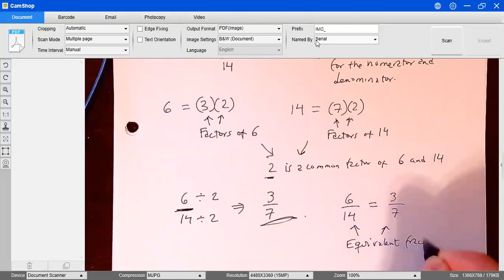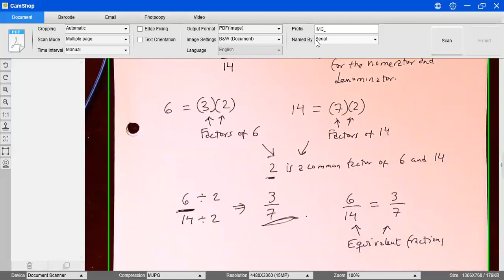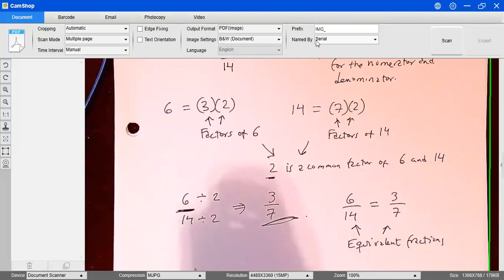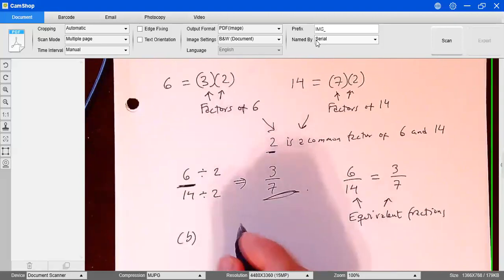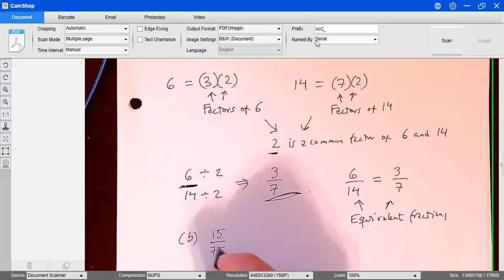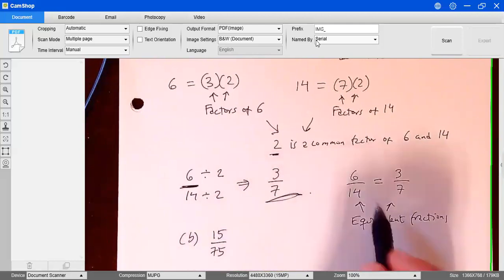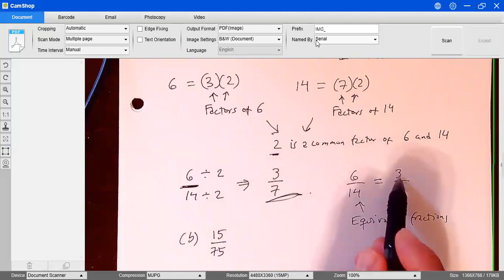Equivalent fractions because they represent the same quantity. So now we have another part of this example. So we're going to reduce 15 over 75. We're going to reduce, meaning that you're going to go from a high number to a low number in both the numerator and the denominator.